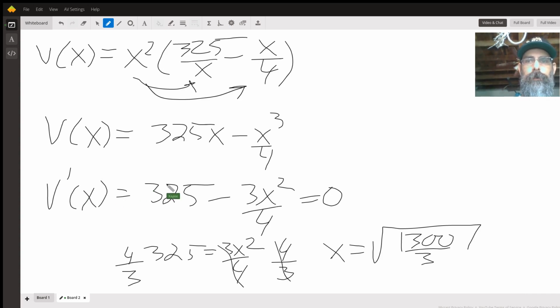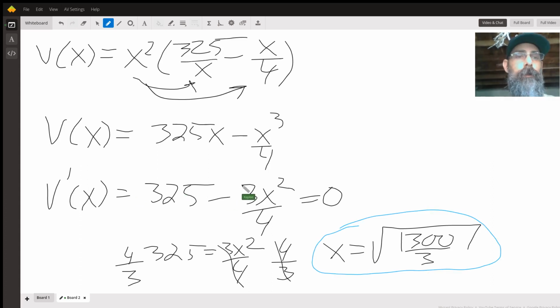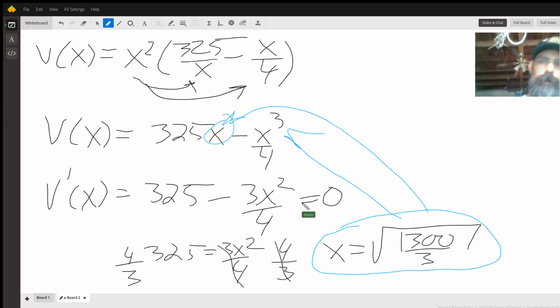And this is your optimal side length for the base. Now they wanted the maximum volume, so we can just take that and plug it back into the volume equation that I had solved for x. If you do that, the volume at the square root of 1,300 over 3 winds up being 325 times root 1,300 over 3, and then minus 1,300 over 3 to the 3/2 power divided by 4, which you punch into a calculator to get a decimal approximation.